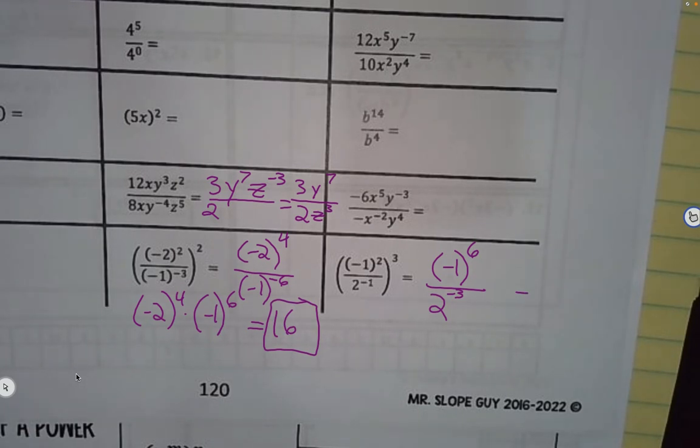So I'm going to have -1 to the 6th power, and then 2 to the 3rd power. What is -1 to the 6th power? And what's 2 to the 3rd power? Is that 8? And what's 1 times 8? 8. There we go. That's my answer on that.